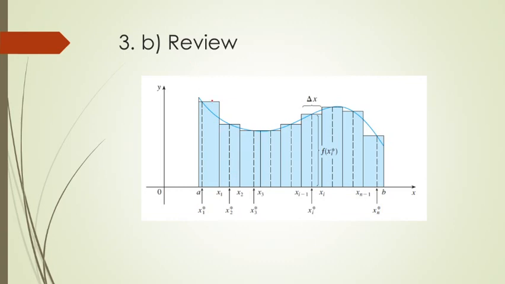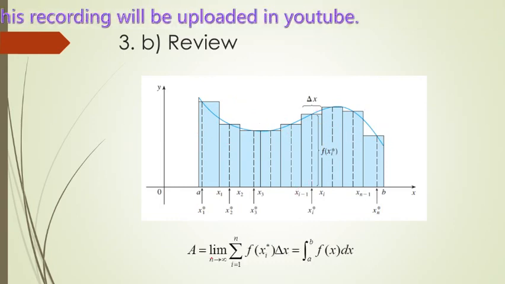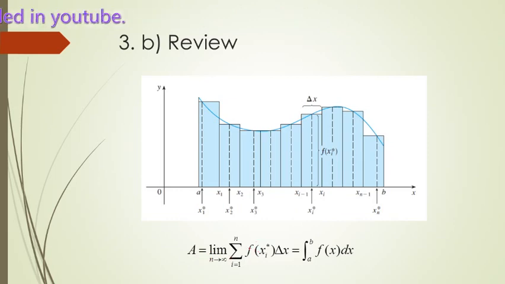So let's review the area under one function curve. We can use n approximating rectangles, take the sum of the n approximating rectangles' area to estimate the area under the function curve.